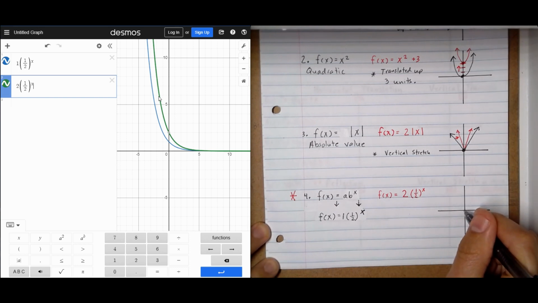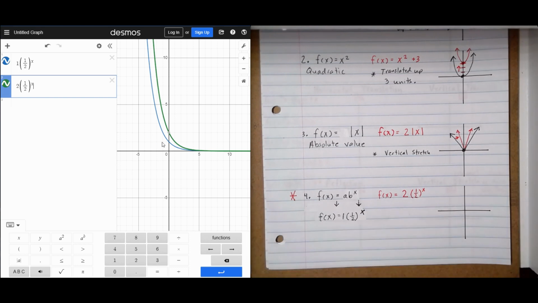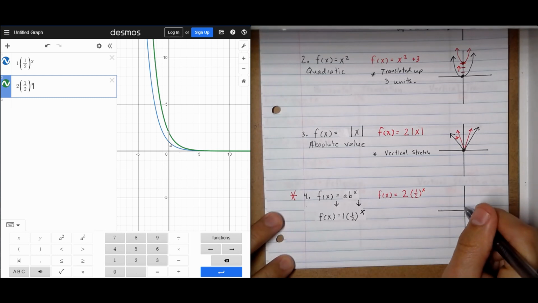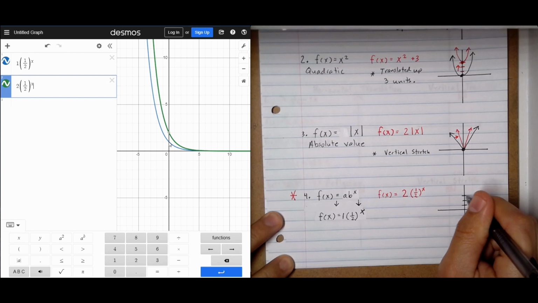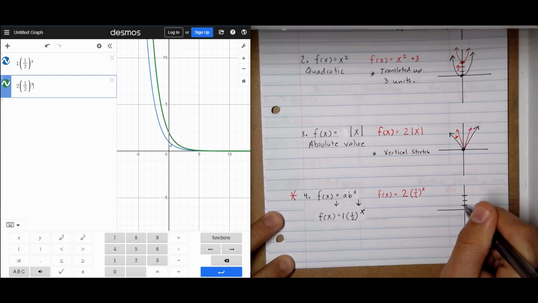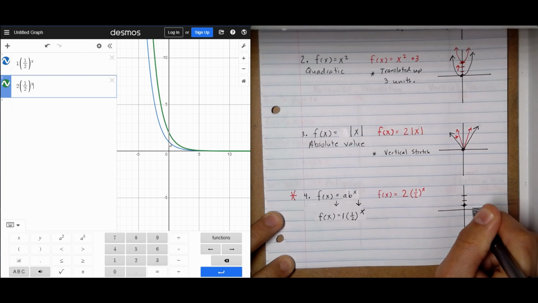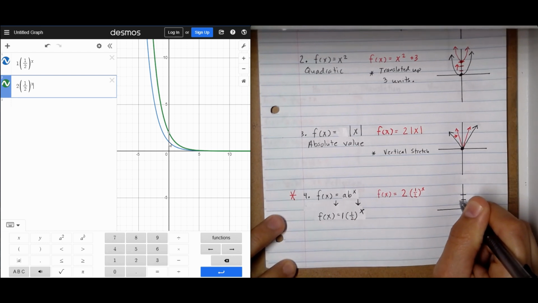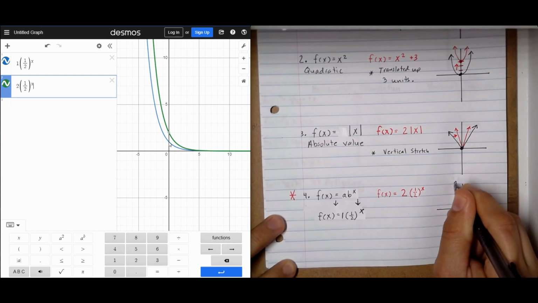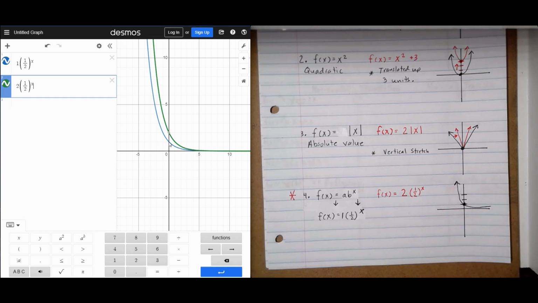So I'm going to draw the original. My original was the blue line. It looks to me like it crosses at +1. So I'm going to put a couple bars on here, and we'll put a point here at +1. We have our line coming over, and then it goes up. Now with the new one, the green one, notice our y-intercept is now moved to 2.